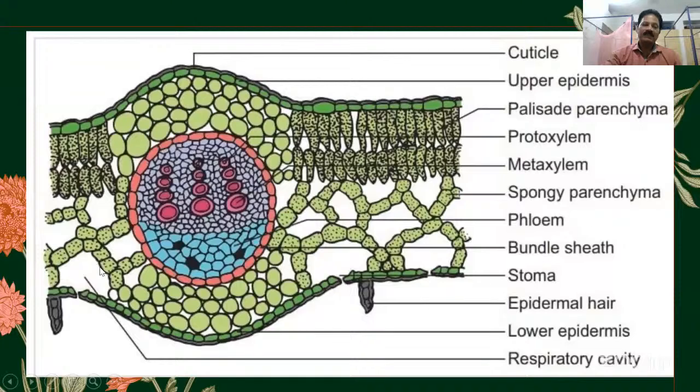And the oxygen which is released during photosynthesis will be released through the stomata into the surroundings, into the atmosphere. They help in exchange of gases, particularly during photosynthesis and even in respiration.